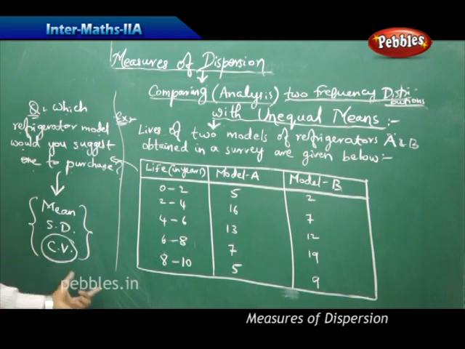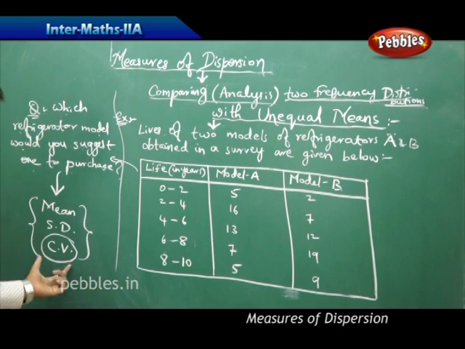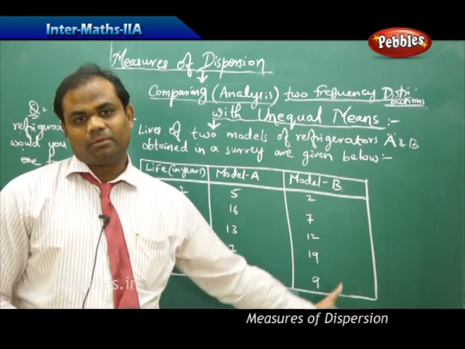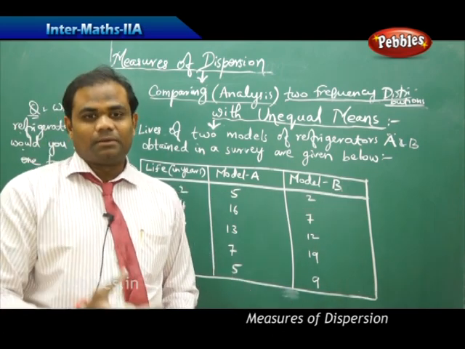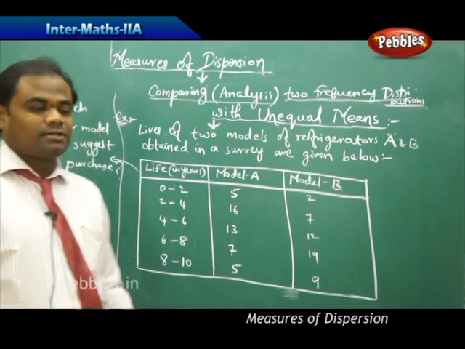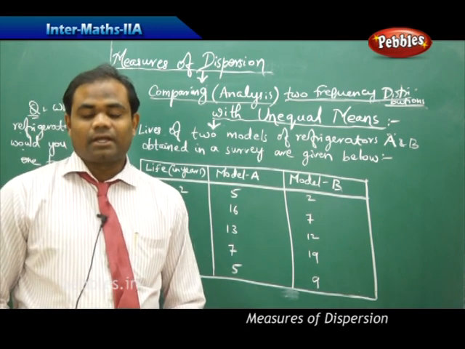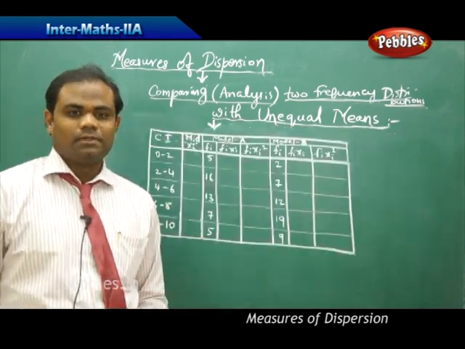Once the coefficient of variation is compared for model A and model B, we will decide on the better model to purchase, based on the coefficient of variation for unequal means and unequal standard deviations.